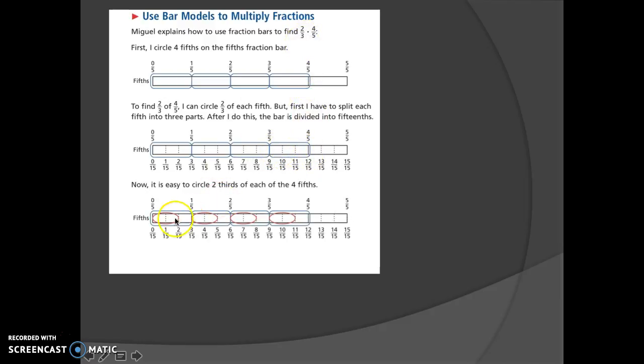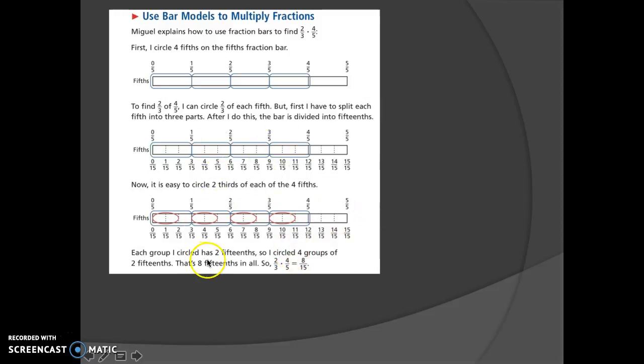Okay, so now let's find out 2/3 of 4/5. So if we were to count those up, 2, 4, 6, 8, we now have 8, but that whole fraction bar is now divided into 15ths. So we have 8 15ths for our answer.